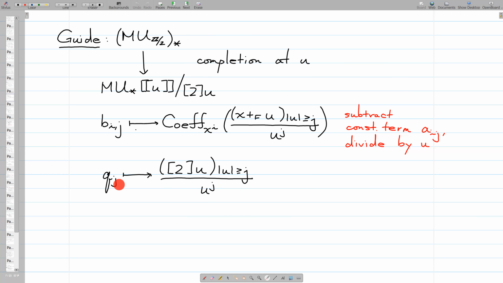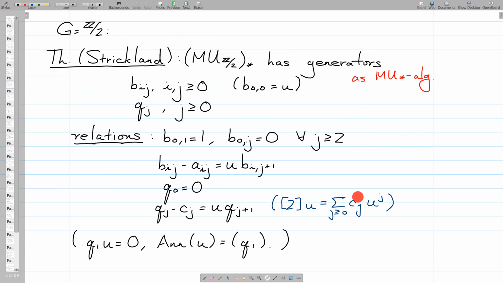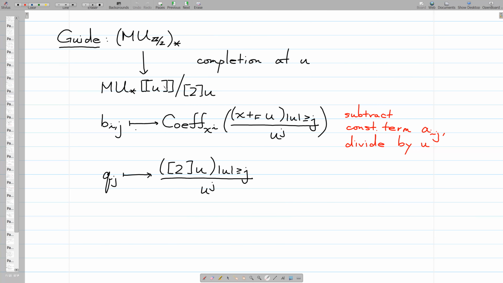In particular, Q0 is the actual 2-series, which is 0 in this ring, the Borel cohomology. Each time, the constant term of this power series is precisely the Cj. If you peel that off and throw that away, you can divide the power series by U again. That gives you a different power series, and that is a generator in MU Z mod 2 star.